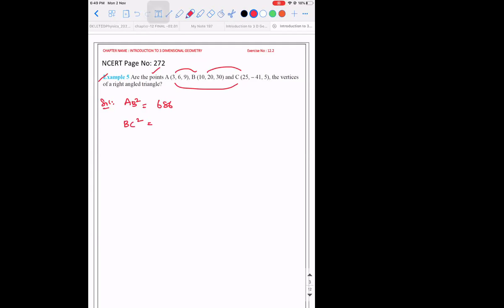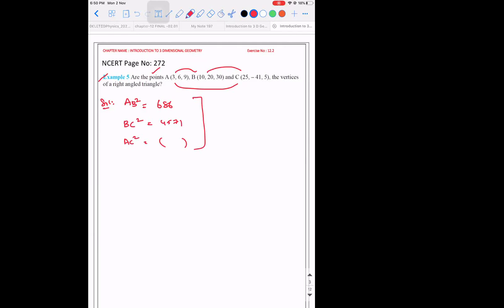Since 41 plus 20 the whole square, 61 square and all are coming out. So how much is it? 4,570. Similarly, you'll find AC square, I think it will be one more big. Anyways, you understood the method, right?